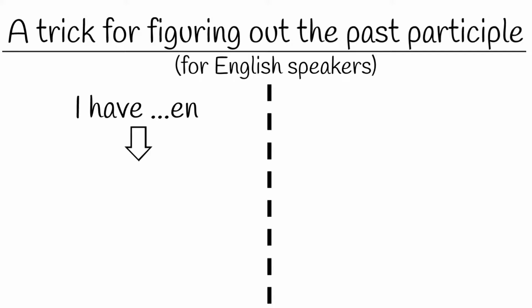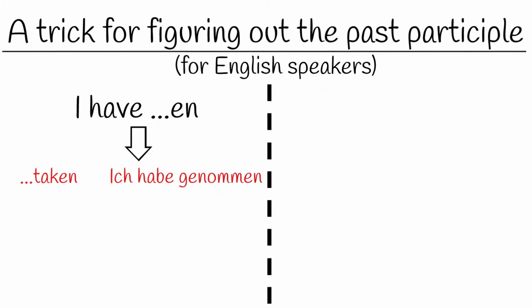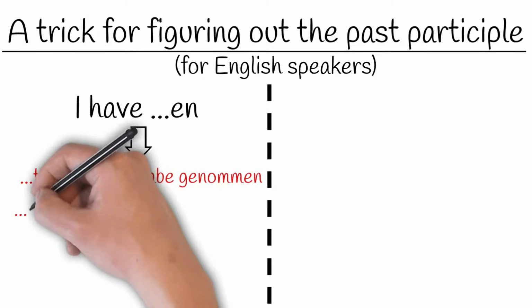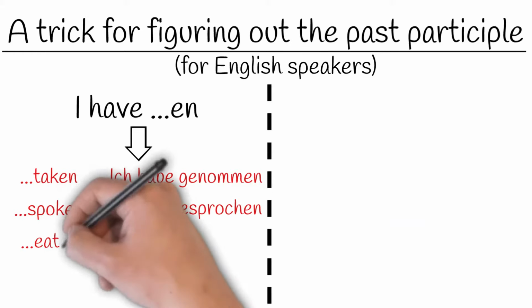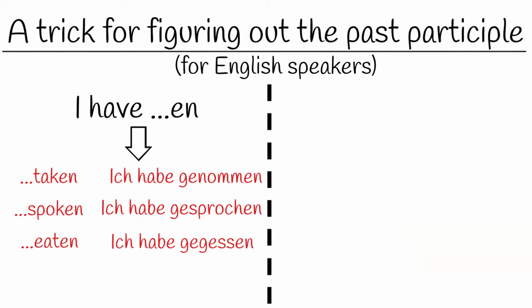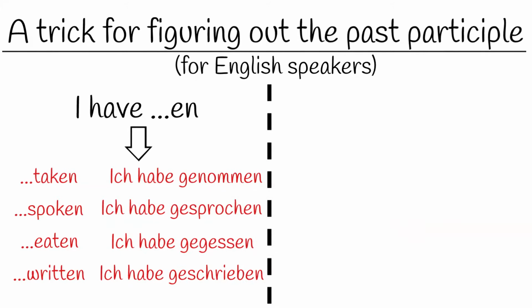For example, I have taken. Well, ich habe genommen with an en as well. And three more examples. I have spoken. Ich habe gesprochen. I have eaten. Ich habe gegessen. I have written. Ich habe geschrieben.